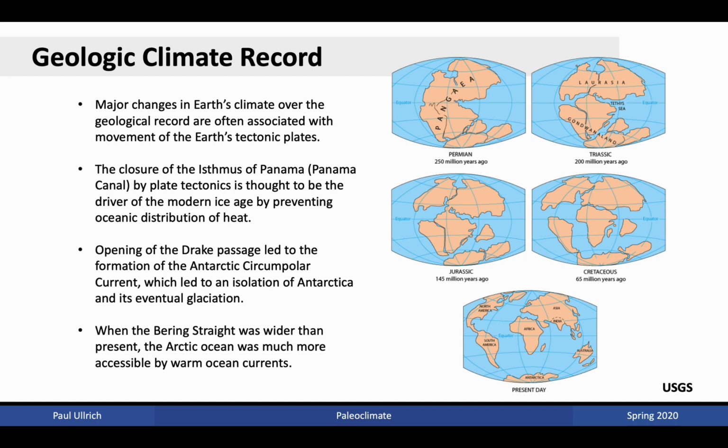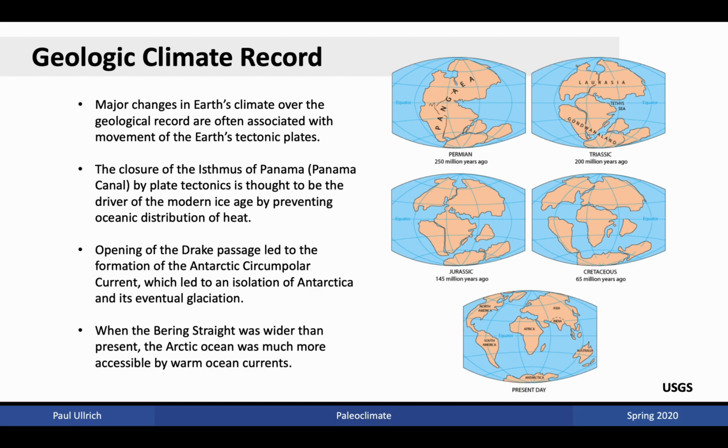Also, the opening of the Drake Passage at the tip of South America led to the formation of the Antarctic Circumpolar Current, which then led to isolation of Antarctica and its eventual glaciation. Here, the isolation refers to the fact that because of the strong zonal currents that exist in the Antarctic Circumpolar Current, it was much more difficult for warmer waters from the equatorial or subtropical regions to puncture south of the Antarctic Circle. Consequently, this region became largely isolated, and sea ice was left to grow freely.